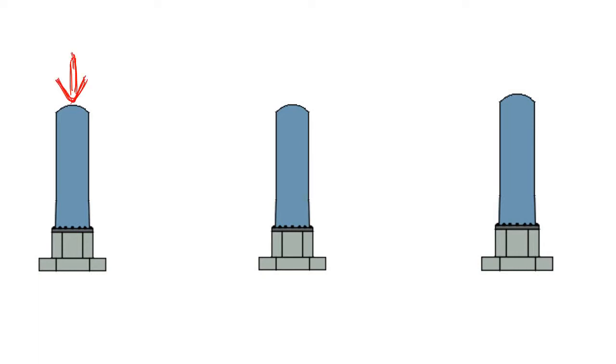Why? Because this gravity load is simply transferred to the foundation, and you don't need any anchorage to transfer it, because gravity load is compressive in nature and, just by the action of gravity, is transferred from this vertical column to the foundation. You don't need to use any anchorage at all.